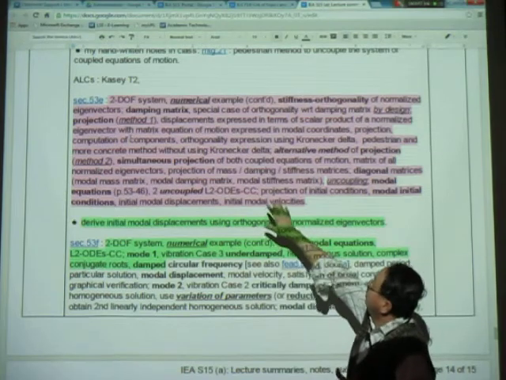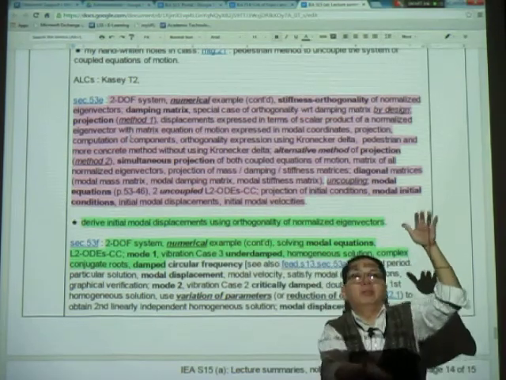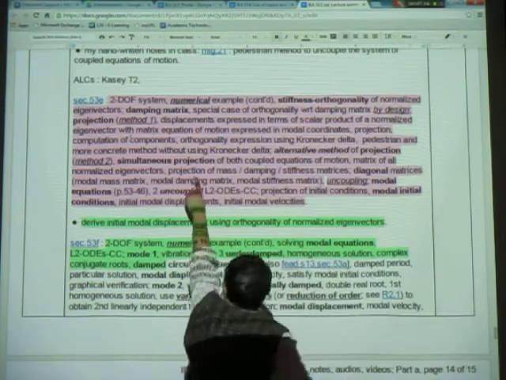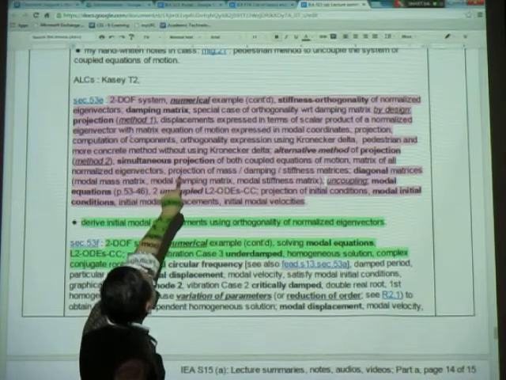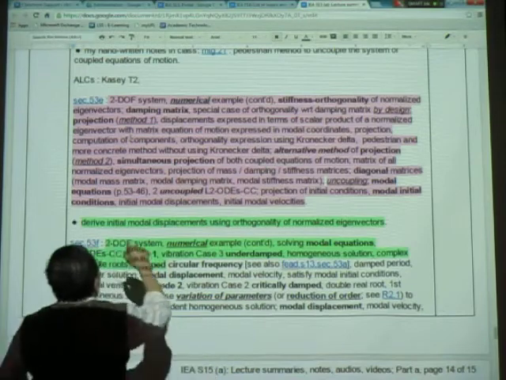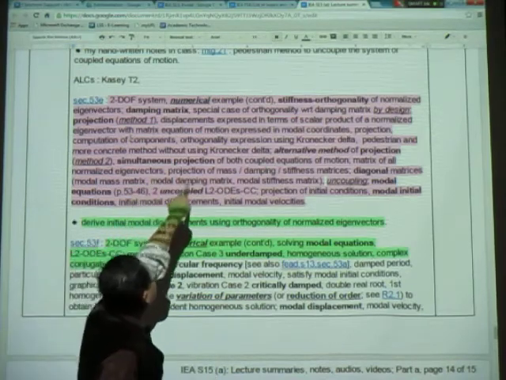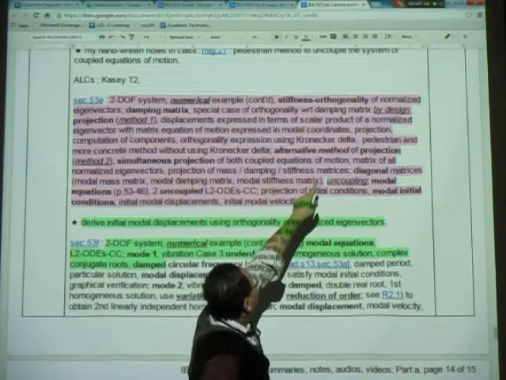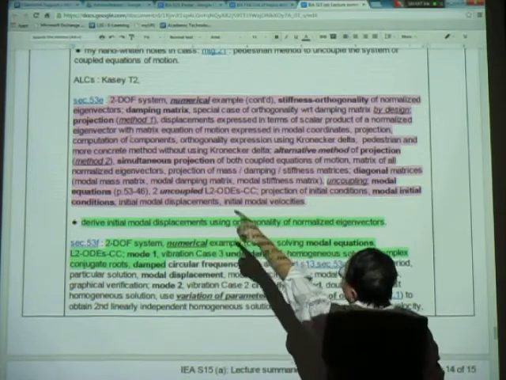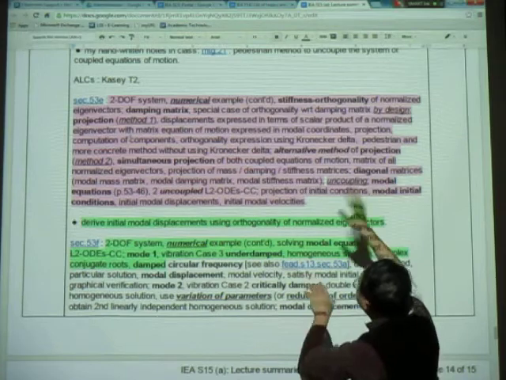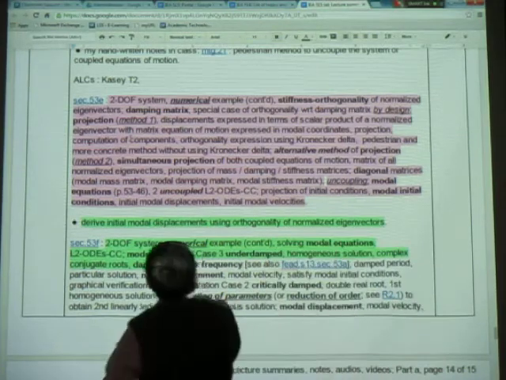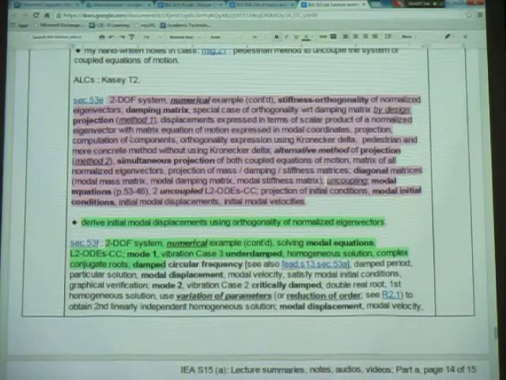You need to uncouple the system, and the word projection is the key word, and before that, there is something that is very important. Displacement expressed in terms of scalar product of normalized eigenvectors with matrix equation of motion. Yeah, even before that.